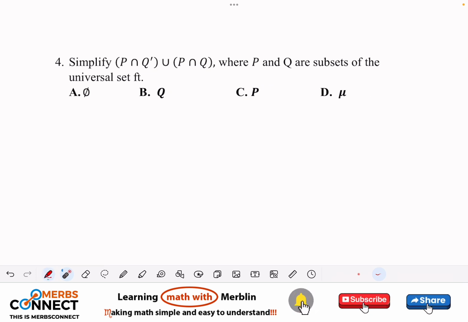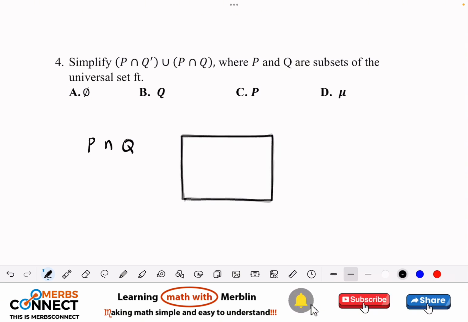Now, let's look at the next question. So we have this union. So what we need to do is, first we need to define our Venn diagram, right? For P intersect Q, right? So what will be P intersect Q? Good.